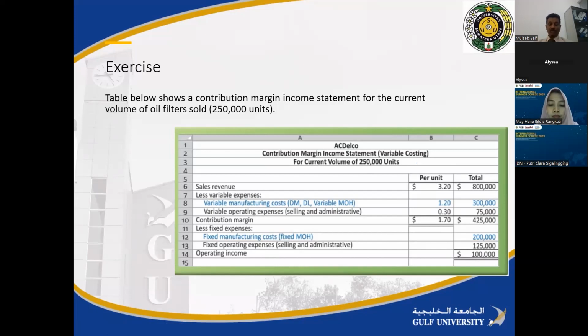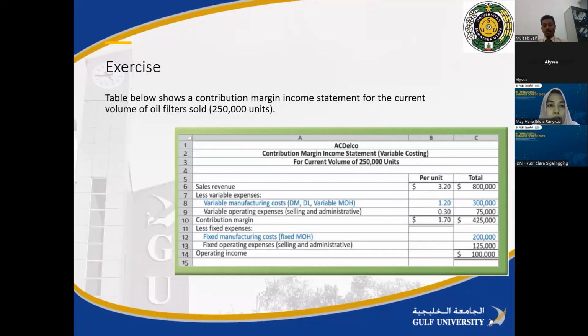They provide us this information, which is related to the production of the organization. We produce and sell 400,000, and this is the information regarding the sales and operating income for the current production, right?